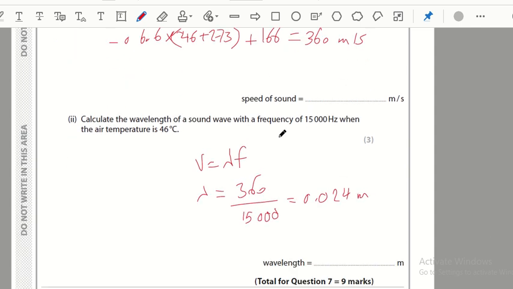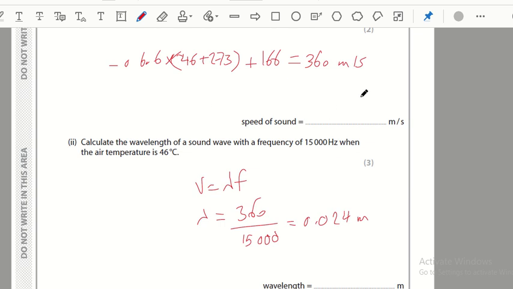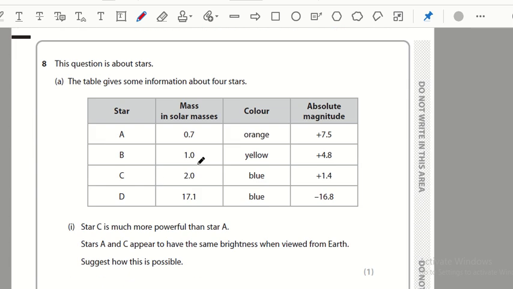This is the answer. Then he demanded a calculation for wavelength when the frequency is 15 kilohertz, at the temperature we have just calculated. So we'll use v equals lambda f, and we will substitute v by 360 and f by 15,000.